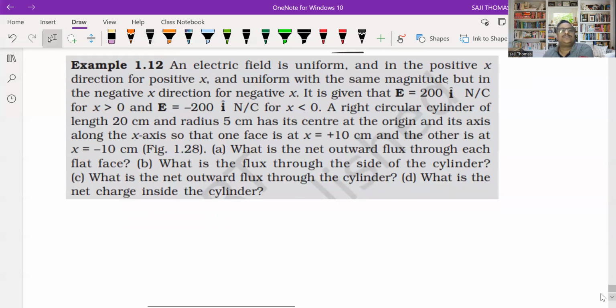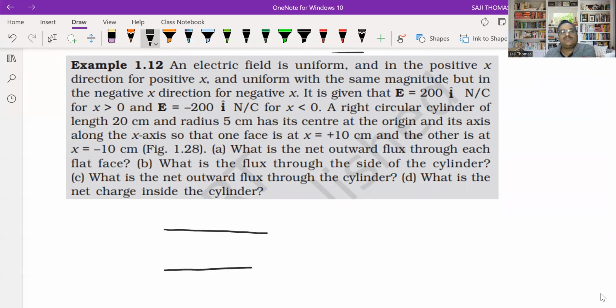Okay, so first read and understand the question. Here, a right circular cylinder is given. So first draw the right circular cylinder. See, this is a right circular cylinder. You have to draw the X and Y axis. Now, what all is given?